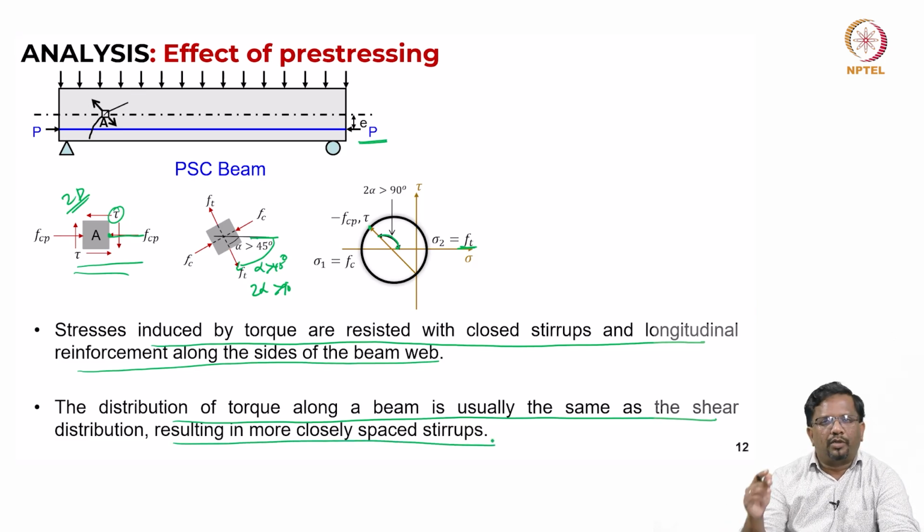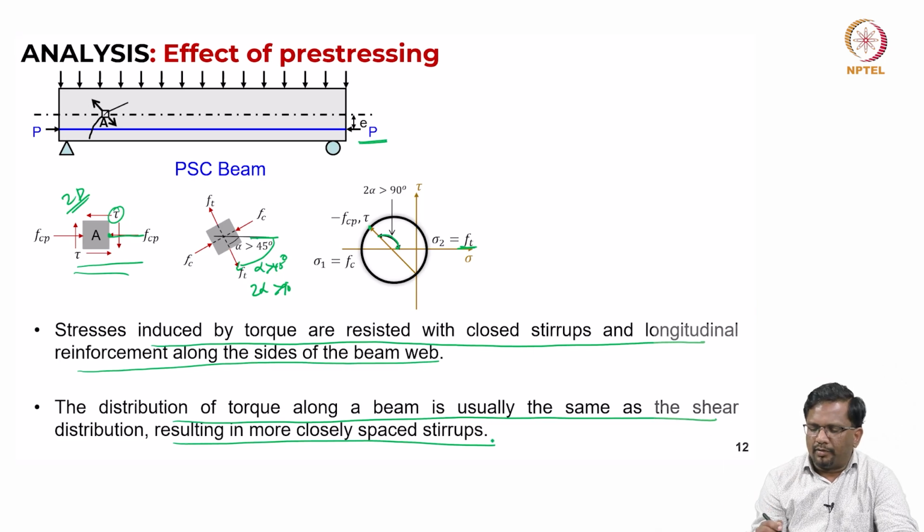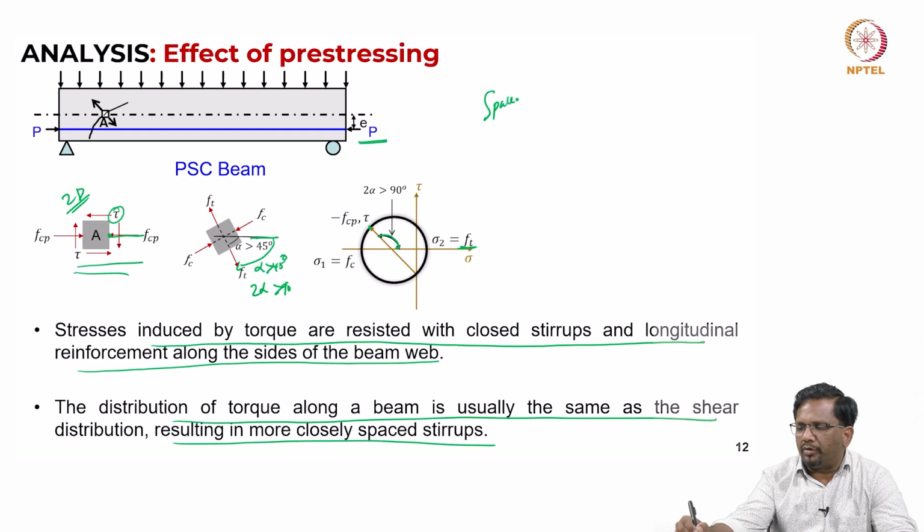That means just like we have shear force distribution, twisting moment distribution is also going to follow nearly the same variation. Pre-stressing is going to increase the torsional cracking load, or torsional twisting moment load, and then the stresses induced by torque after post-cracking will be resisted by a space truss. A space truss will be formed.